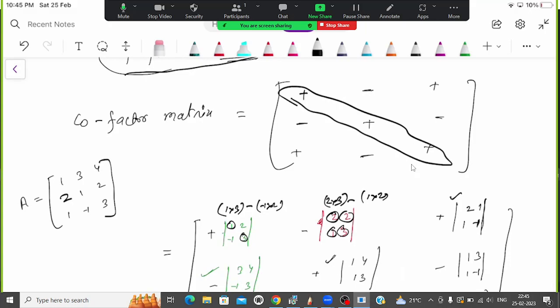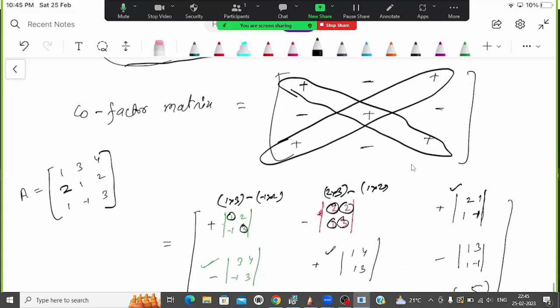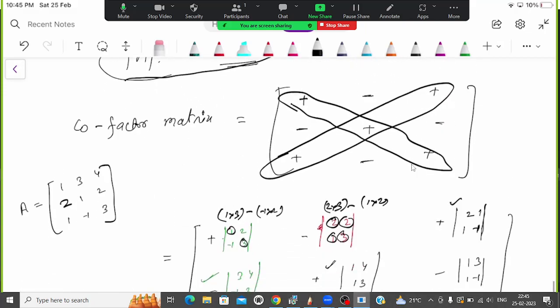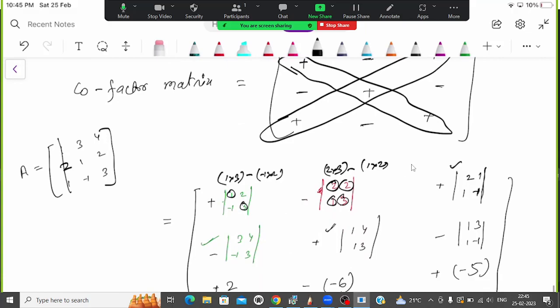Then I wrote the signs. These diagonal elements will be plus, and I hide this row and this column. I got this one.